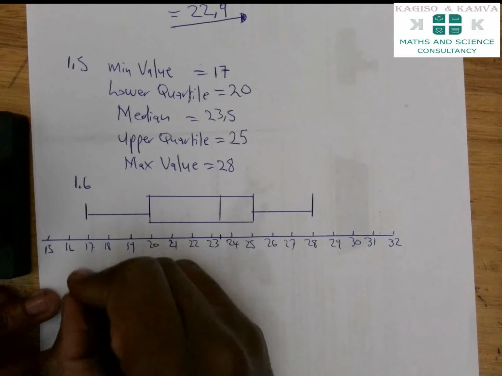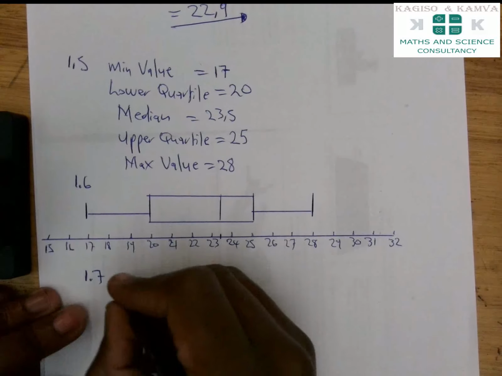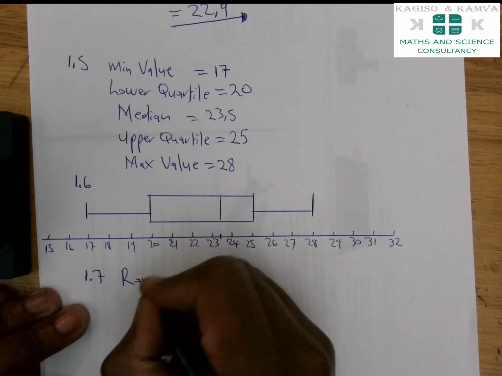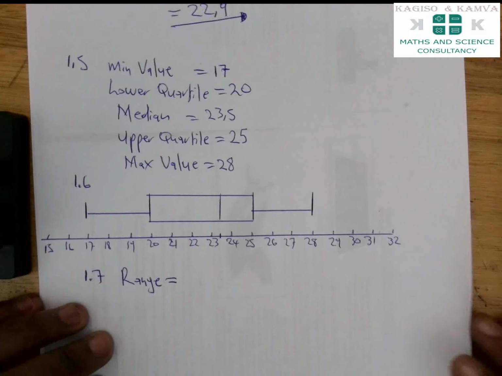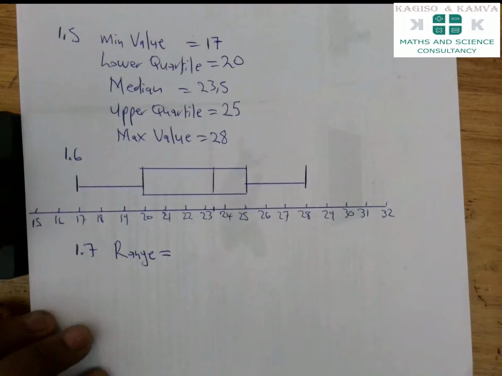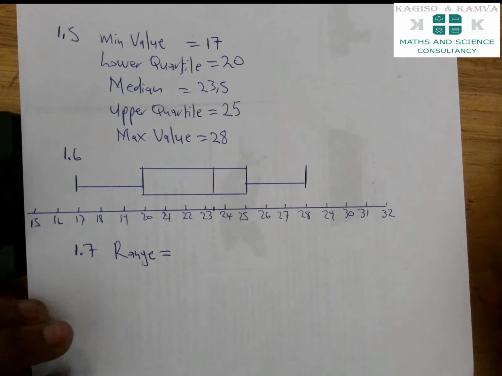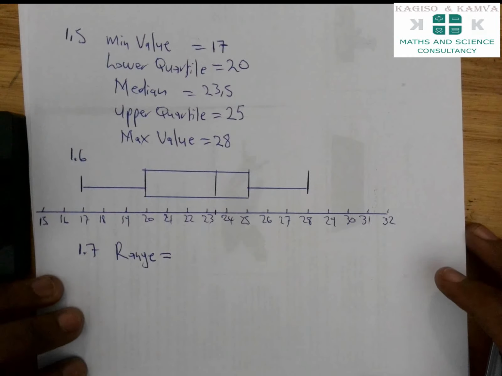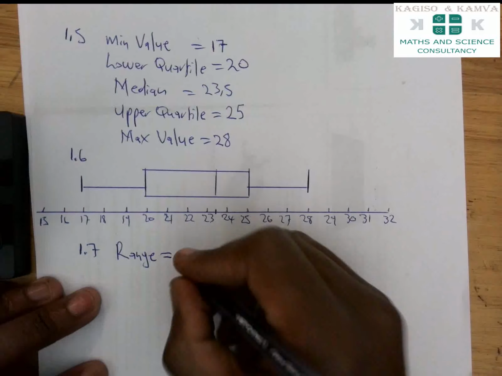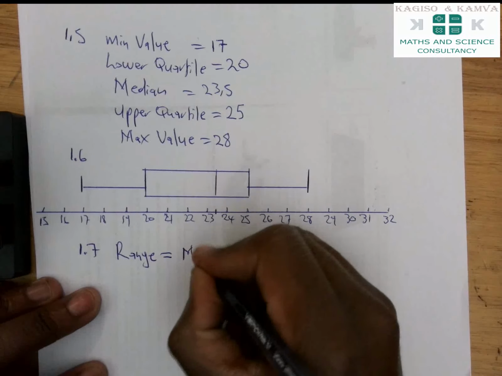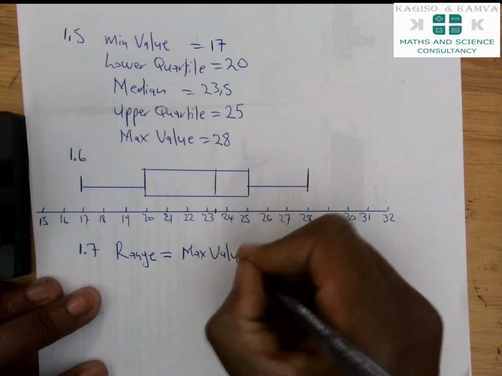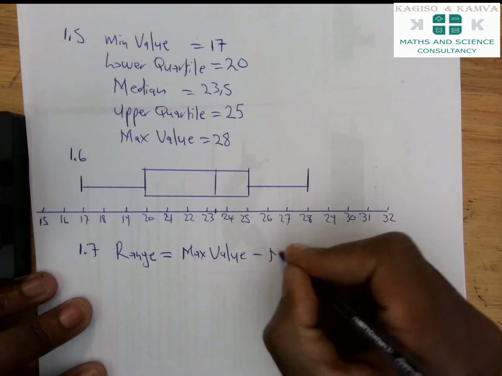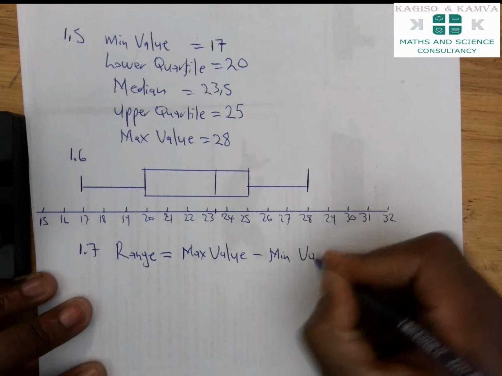So for 1.7, if we were to calculate the range, we know that the range will be equal to the difference between the largest value and the smallest value, which is the maximum value minus the minimum value.